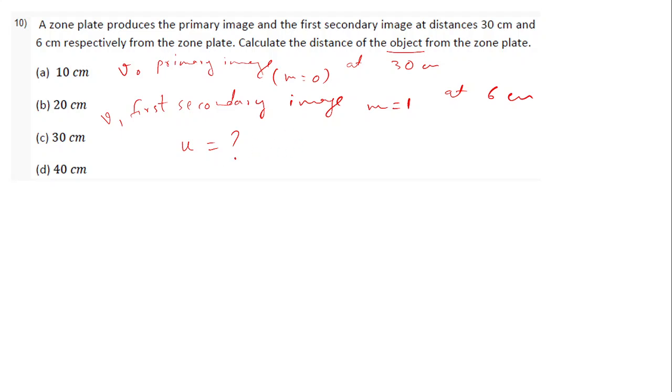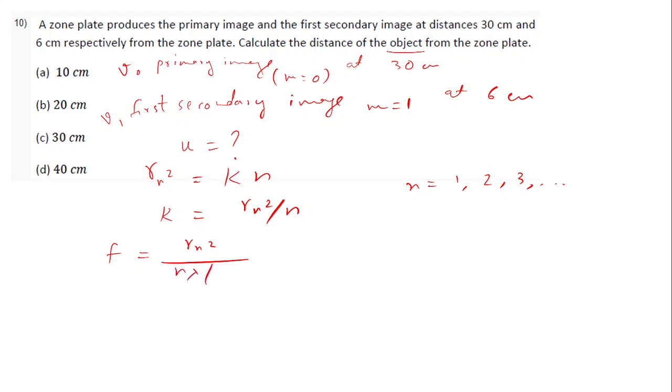Okay. So by construction of zone plate, we know the formula again, that Rn square is some constant. That constant is Rn square over n, where n is some natural number, and so on. Now focal length, we know focal length in this relation. Focal length is given by Rn square divided by n lambda times 2m plus 1. Okay. For primary image, m will be 0.